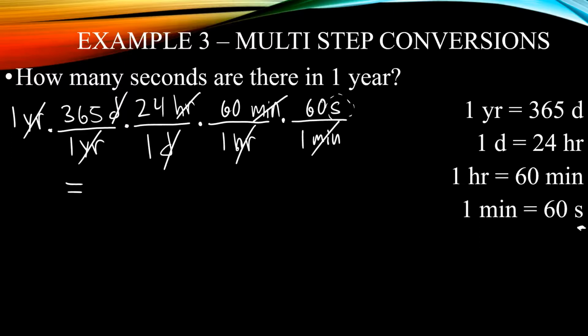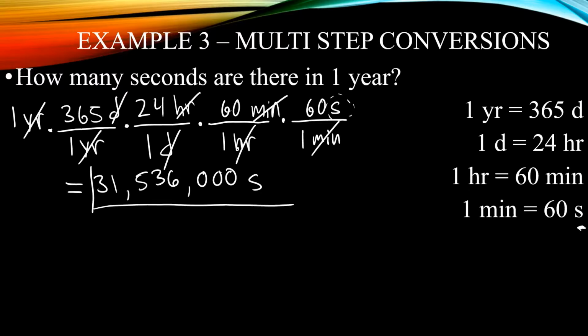If you put that in your calculator, you should get 31,536,000 seconds. That's how many seconds there are in 1 year. So don't waste them.